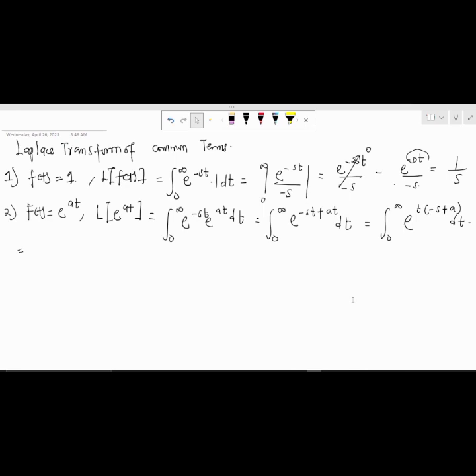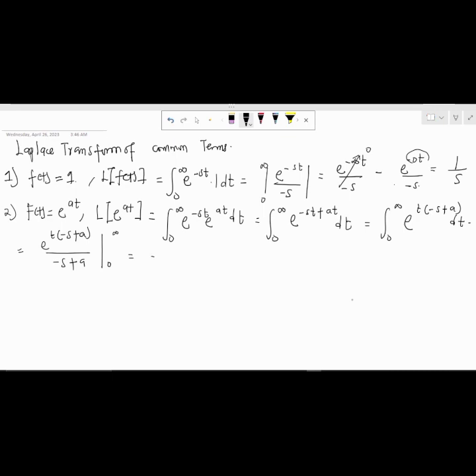So when we integrate this, we get e raised to the power minus (s plus a) t, over minus (s plus a), and our boundary values here are 0 to infinity. Now plugging in our boundary values, e raised to the power infinity will give us 0, like it gave us before.